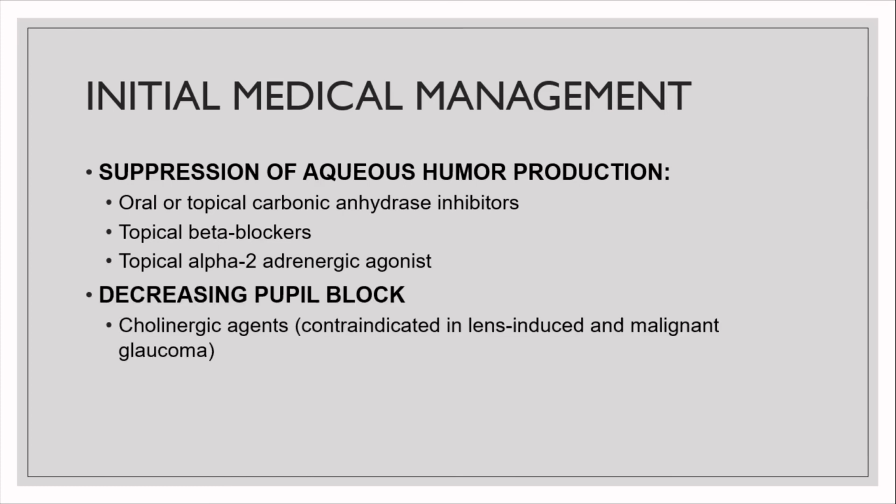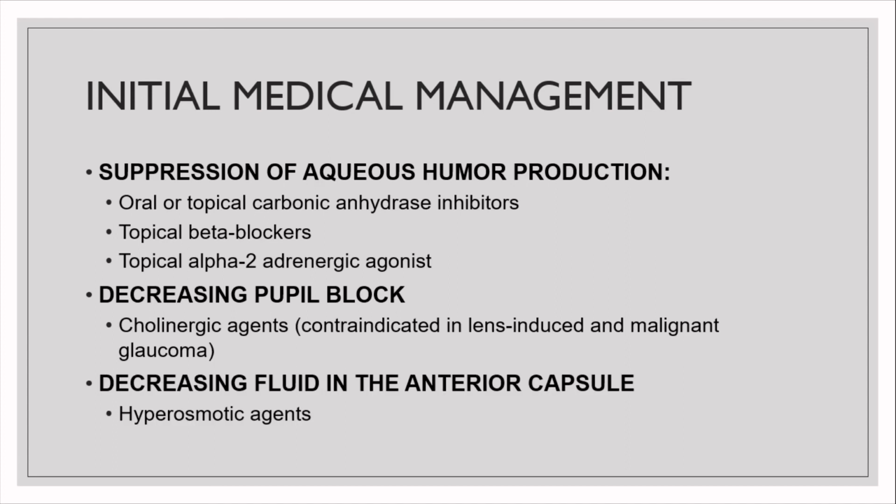And we can also decrease pupil block through cholinergic agents. However, these must be given with care, because they are contraindicated in lens-induced and malignant glaucoma, because in these cases, cholinergic agents can cause paradoxical closure of the anterior chamber angle.